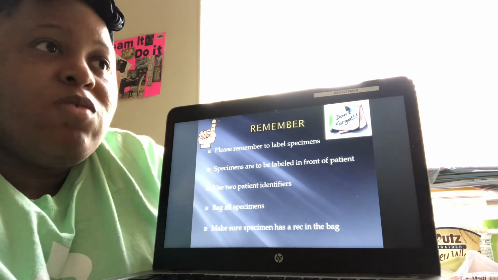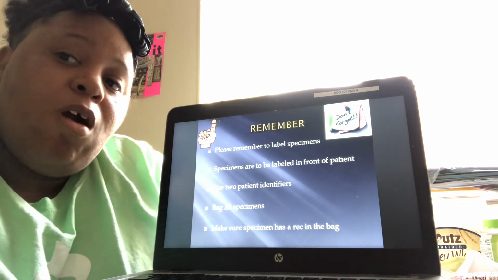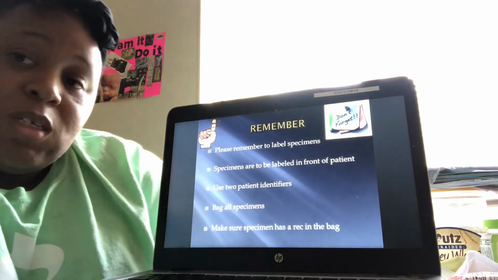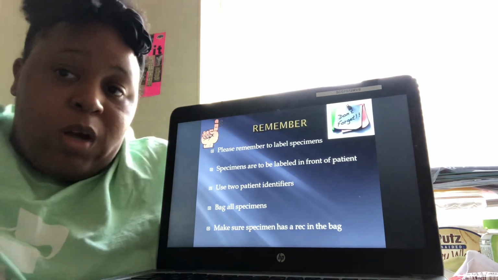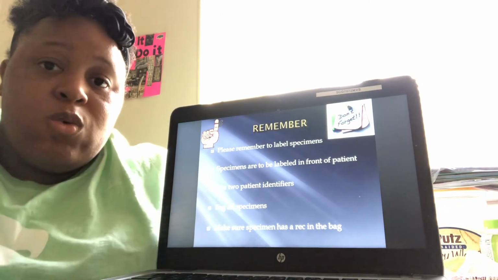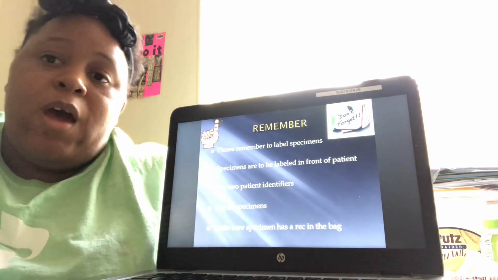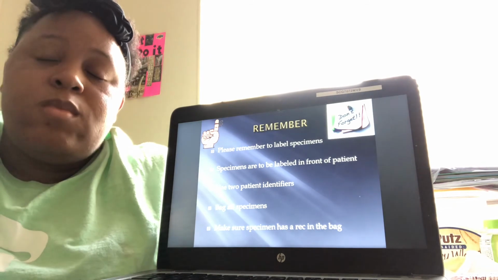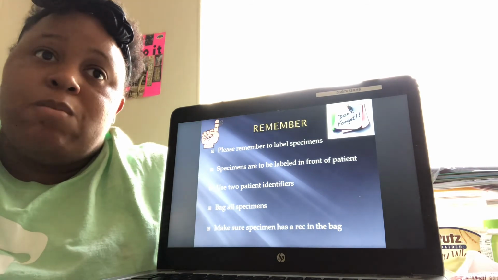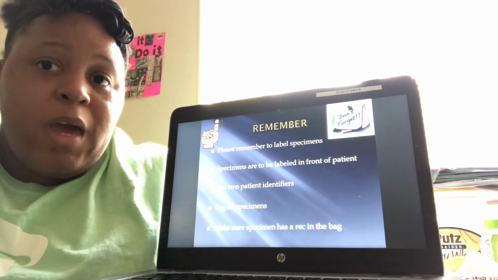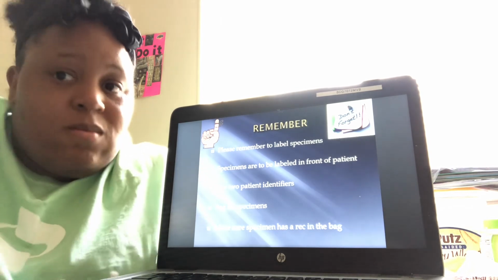At our facility, it's an outpatient care office, so bagging a specimen is important because people come to transport those specimens to the main hospital lab. We do not have a lab on site, so if it's a specimen that's not bagged, it is not tested.